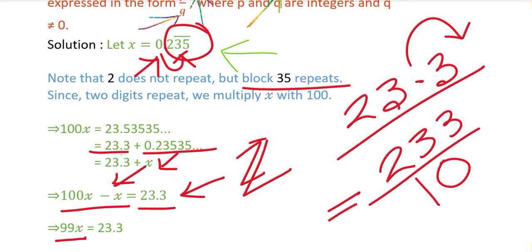So as you see, 233 divided by 10. So the decimal should shift right. So these two are equivalent. It's kind of very simple. To convert a decimal into a rational number, we have already done in the first question. In the first example itself, we have done it, how to convert a decimal into a rational number.